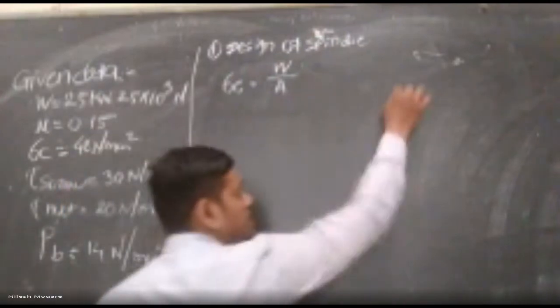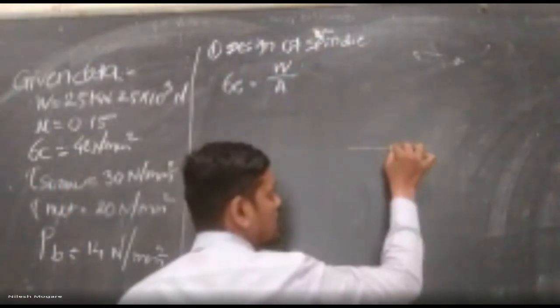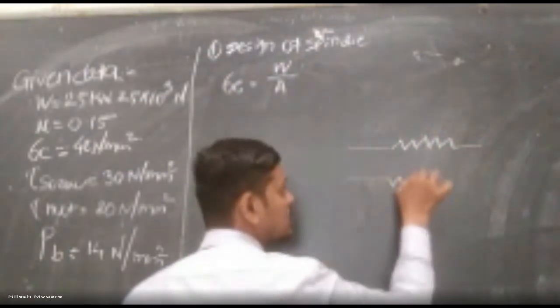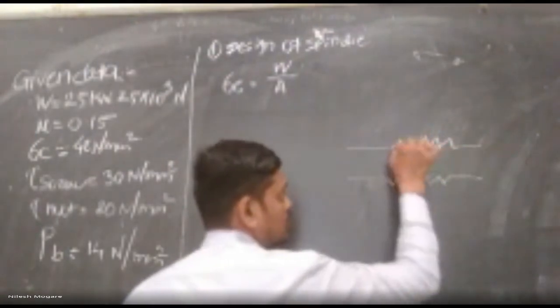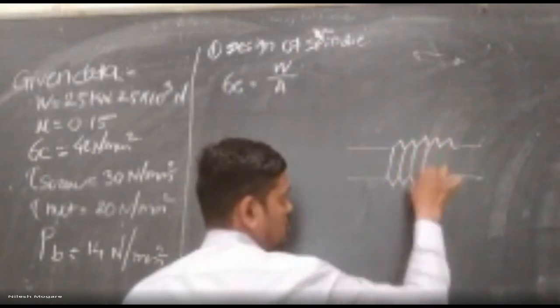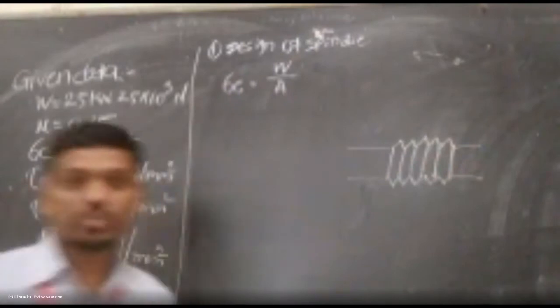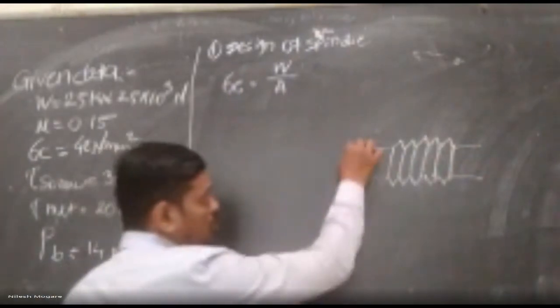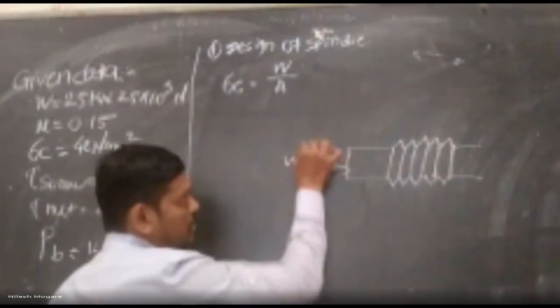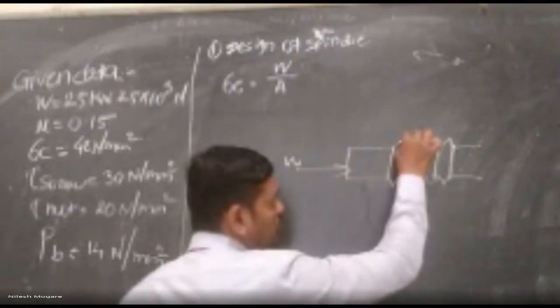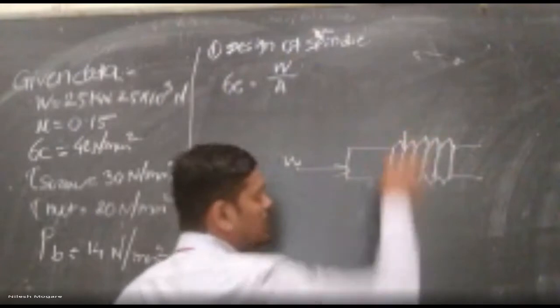If we see the screw spindle, it has external threads. If the load is applied on it, there is a chance of failure of the screw at the minimum diameter area.